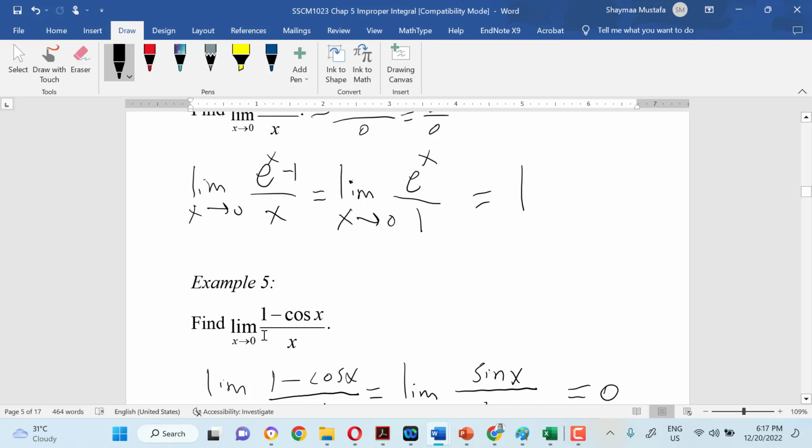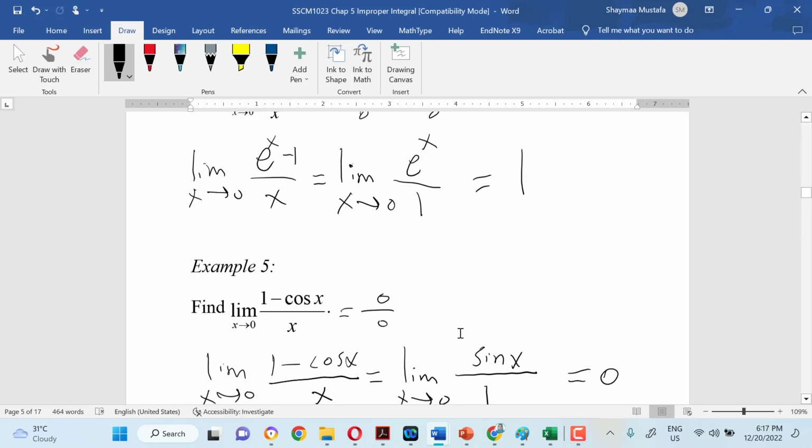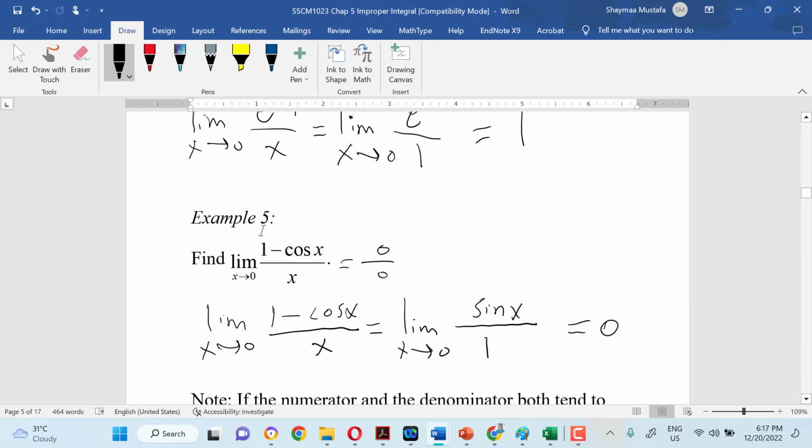Similar for this example, direct substitution: cosine 0 is 1, so 1 minus cosine 0, 1 minus 1, is 0 over 0. So the direct substitution gives you 0 over 0, and you have to apply L'Hopital's rule. I differentiate 1 minus cosine x and also x.